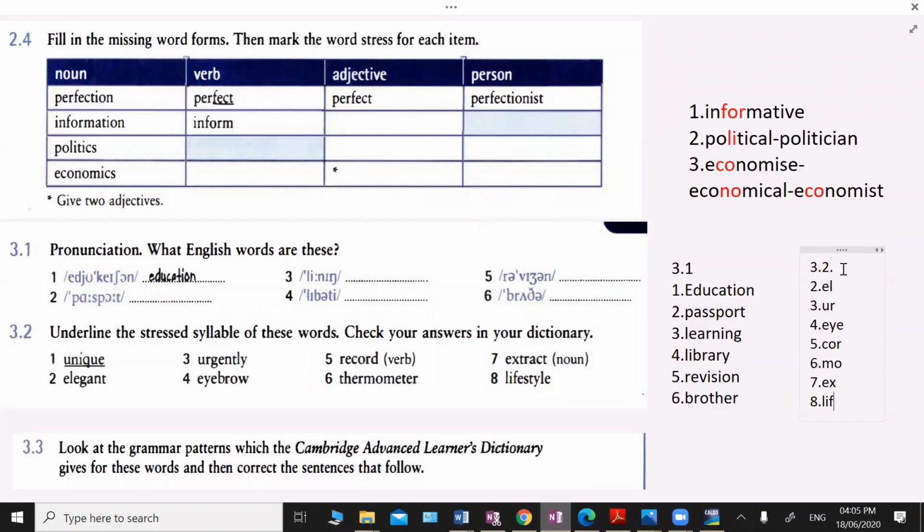You practice again and again, and then you develop some kind of common sense and you find it quite easy. But if you find it difficult, you continue practicing a little bit more and keep checking in the dictionary, and you will see that it needs a lot of common sense. It doesn't follow the rules all the time.